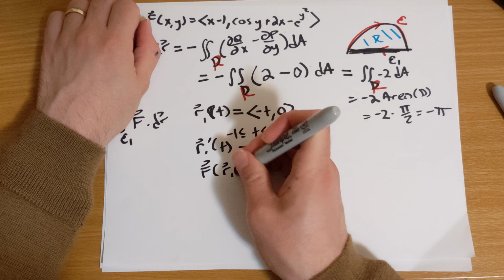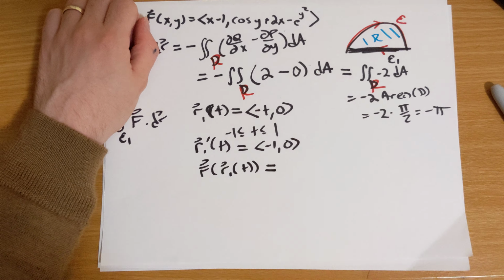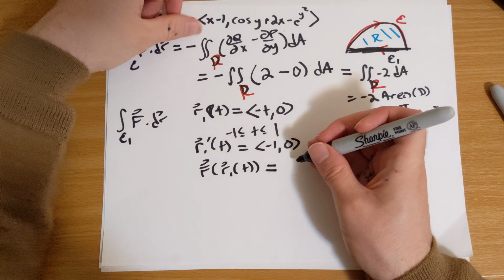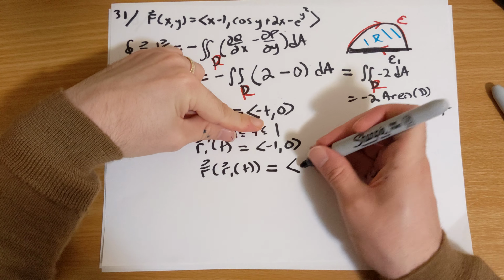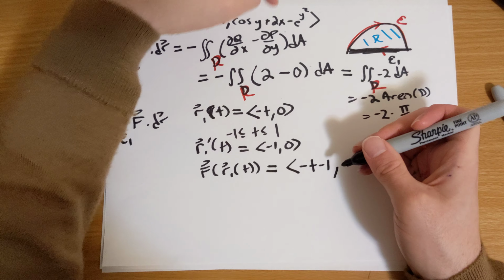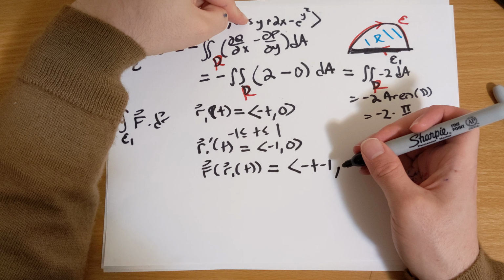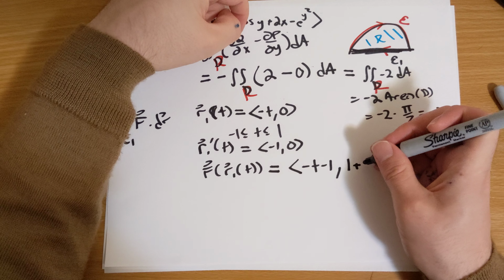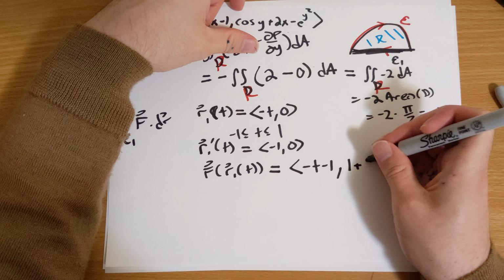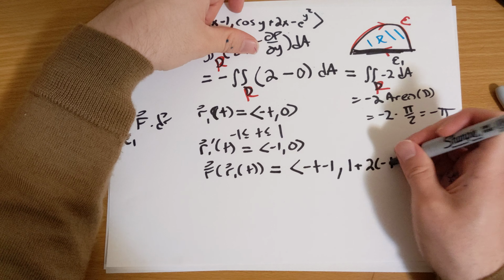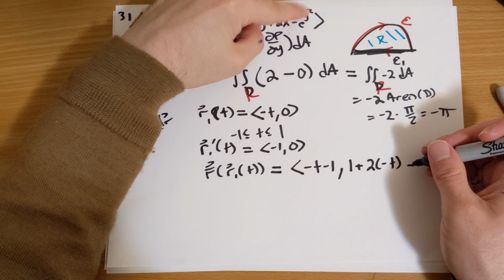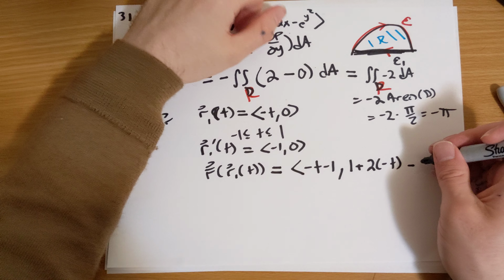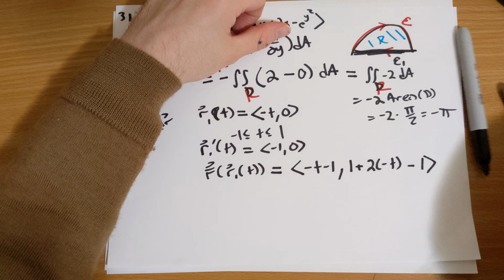F of R1 of t is equal to: x is negative t, minus 1. Y is 0, so cosine y is 1, plus 2 times negative t there, minus e to the 0 squared, minus 1.